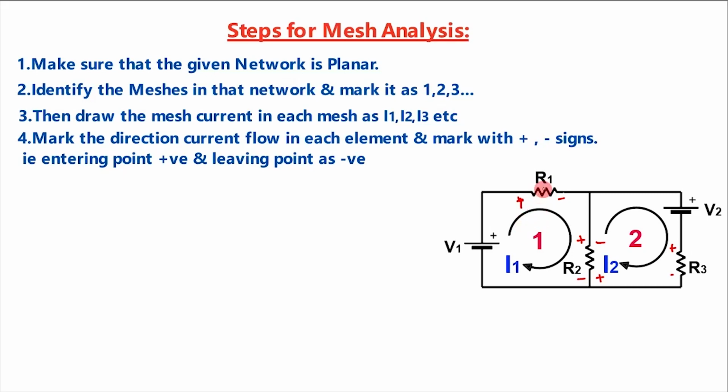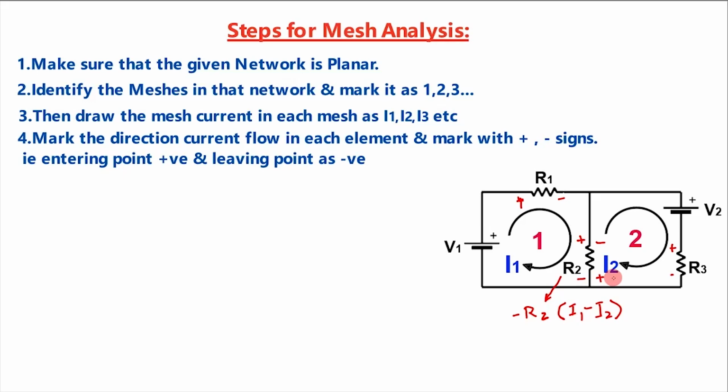See, for R1, only I1 current is there, so voltage drop is minus I1 R1. Similarly for R3, here only I2 is coming, so voltage drop will be plus to minus, that is minus I2 R3. See the case of R2. Here both I1 and I2 are coming. Then there arises a confusion about which is to be written first. While considering this mesh, it must be written as voltage drop is minus R2 into the current of the mesh which we are considering must be written first, minus I2, the other mesh.